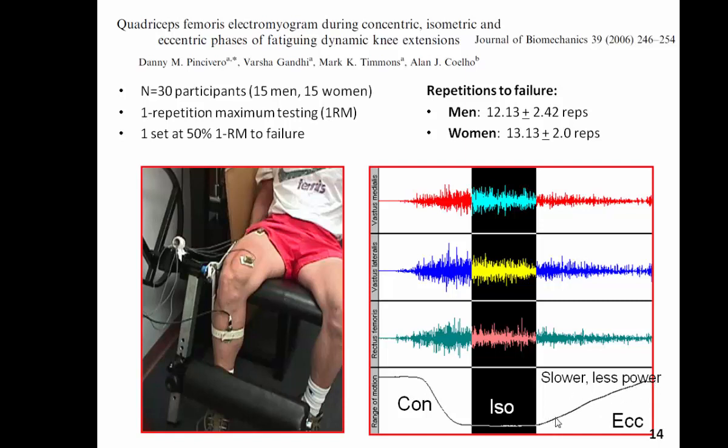And so by taking longer, the movement was slower. That means the person was generating less power. And by generating less power, that suggests that the velocity of the movement is one factor that determines power output, as we'll address a little bit later in this particular module.